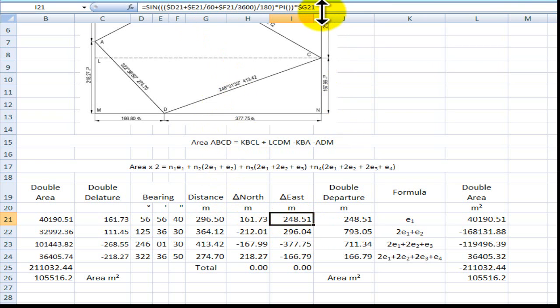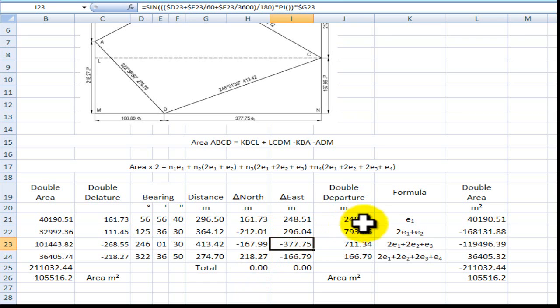It's the same sort of formula for the easting, except we use the sine. I've gone through and done all of those, added them up, and they come to 0, which is exactly how I planned it, all part of my cunning plan. So now it resolves to work out what we call the double departure.